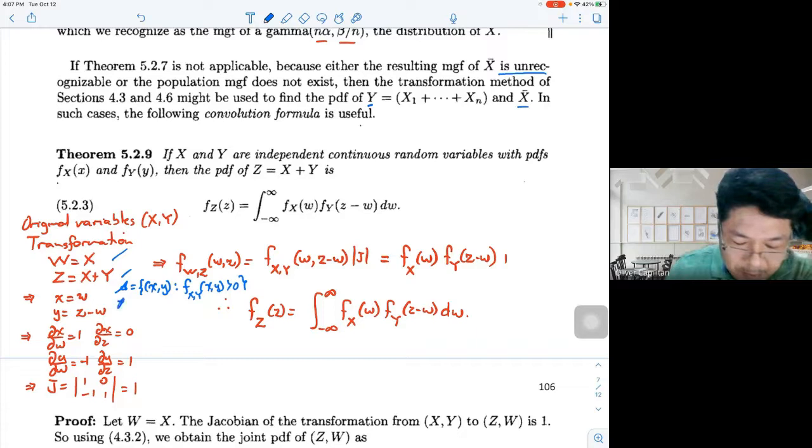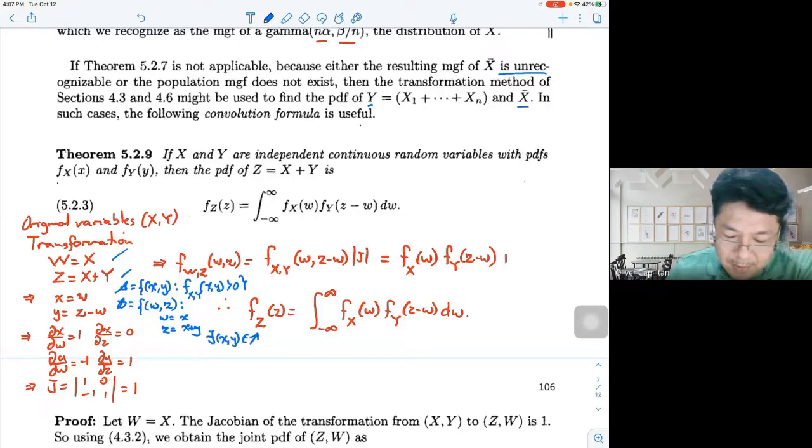And then we have here script B is the set of all, in this case, W and then Z, such that yung W natin dito equal siya sa X, yung Z natin dito is X plus Y, tama pala. X plus Y, such that for some XY in script A.